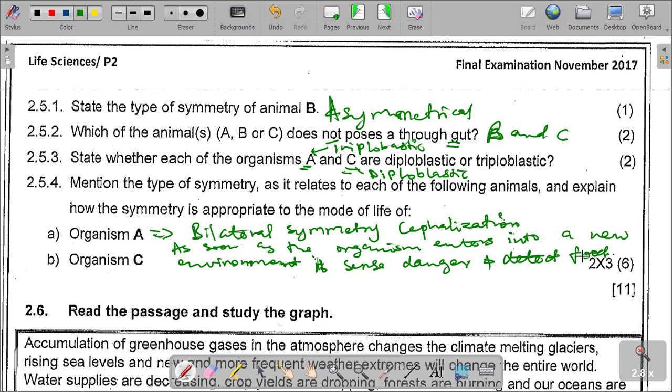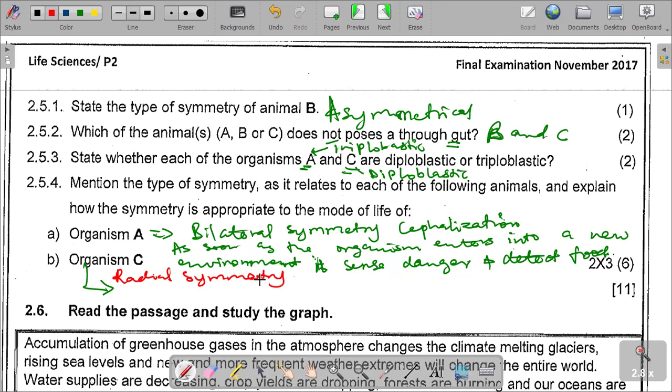And then in terms of C, it's a radial symmetry. What do we mean by that?